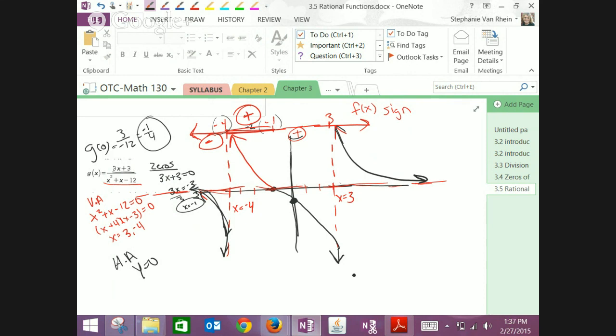Did the sign-in sheet go around? Everyone get it? You guys get the sign-in sheet up here?